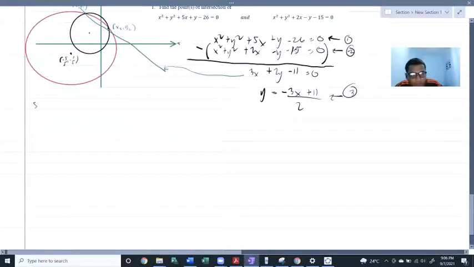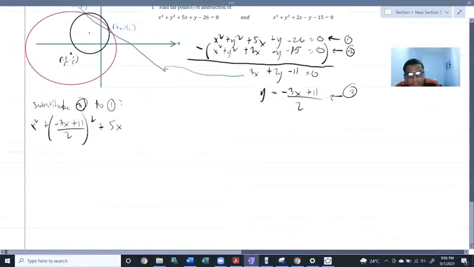If we substitute 3 to 1, we have x squared plus (negative 3x plus 11 over 2) squared plus 5x plus (negative 3x plus 11 over 2) minus 26 equals 0.